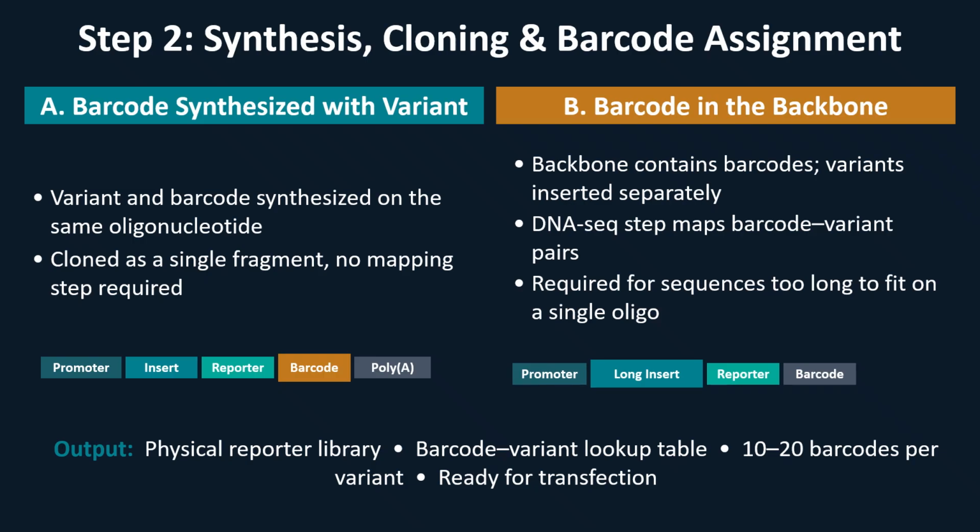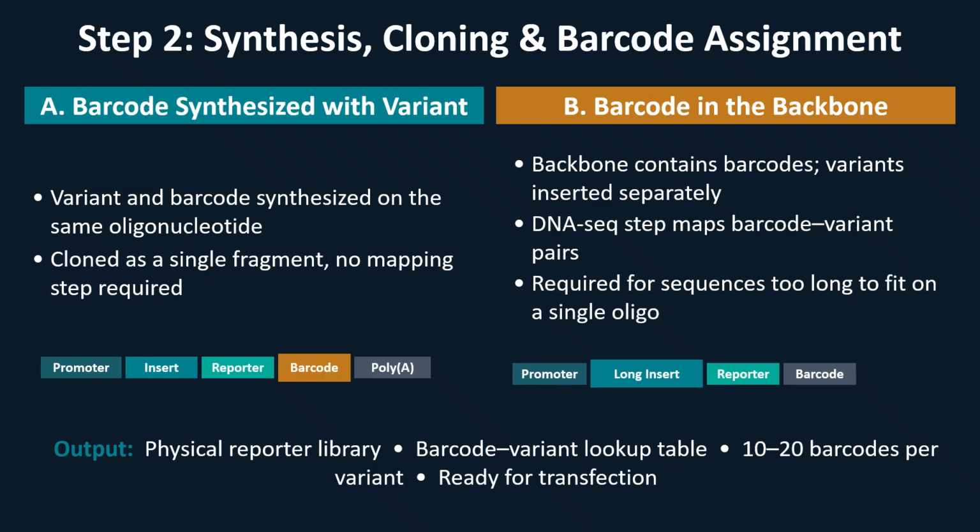In the second approach, the reporter backbone contains a pool of barcodes. Variants are inserted separately. This approach is necessary when testing longer sequences that cannot fit within a single synthetic oligo.